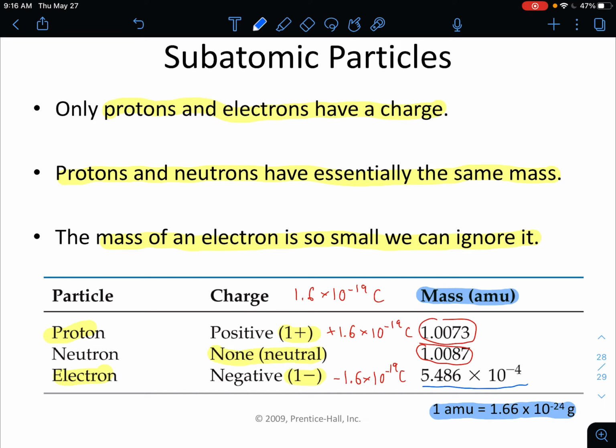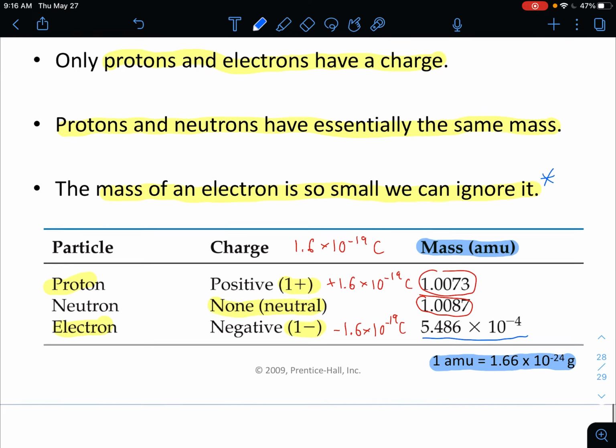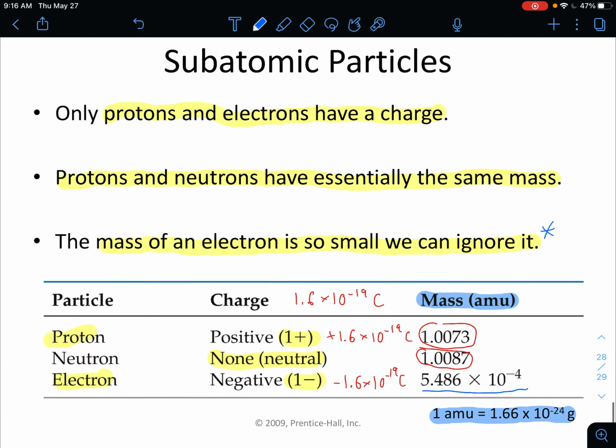What we'll see, and we'll get to this fairly quickly, is that for the purpose of determining the mass of an atom, the electron mass is so low that we can ignore it. That's what this bullet point means. Okay, I think the last slide is just blank like usual.